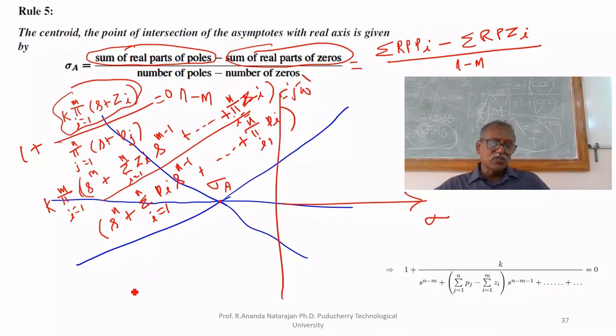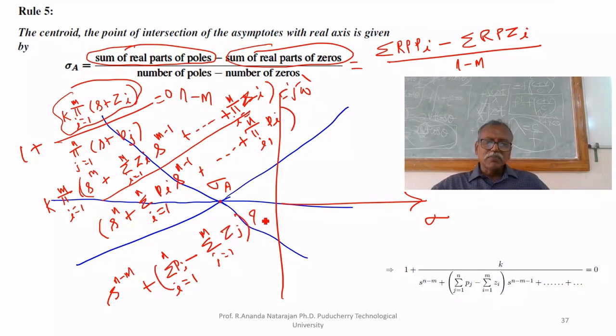Denominator becomes s power n minus m plus sum of p i, i equal to 1 to n, minus sum of z j, j equal to 1 to m, times s power n minus m minus 1, plus etc., plus the product of these terms.